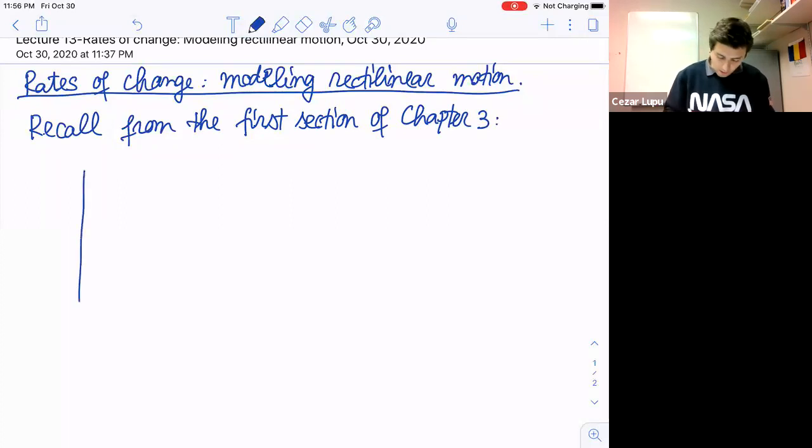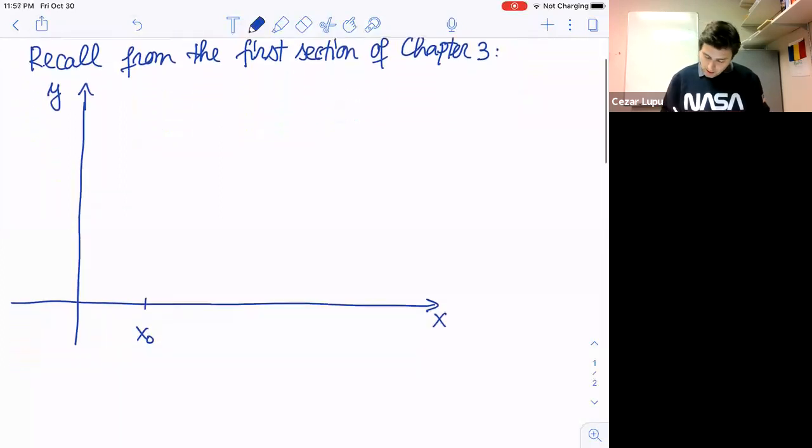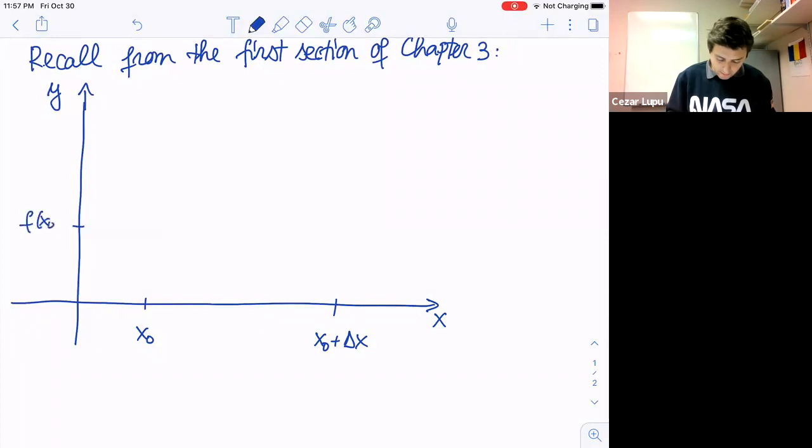I will draw the XY axis, as you can see here. Here I have the point x naught, and here I'll have the point x naught plus that difference delta x. Here I'll have f of x naught, and here I will have, let's say, f of x naught plus delta x.